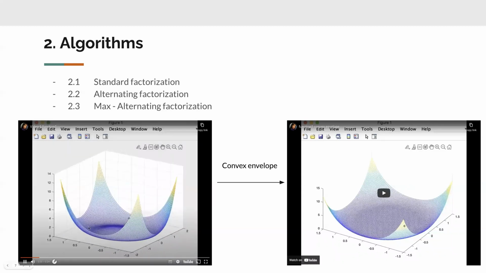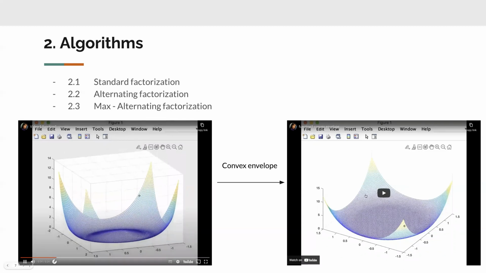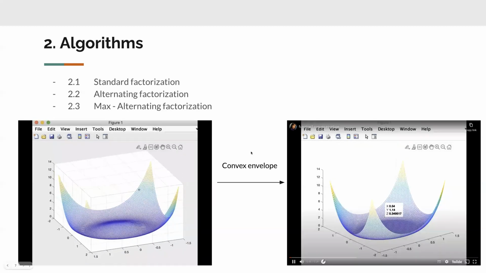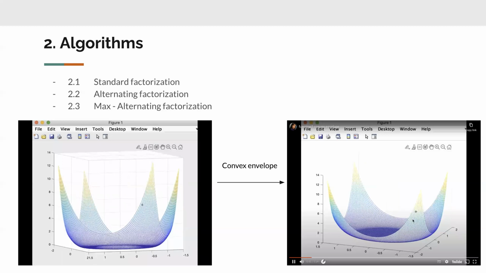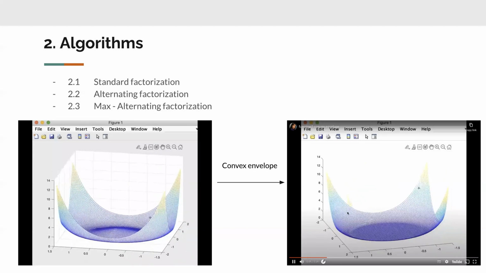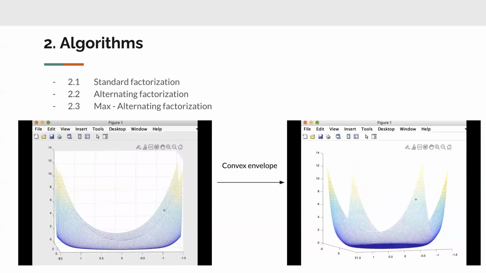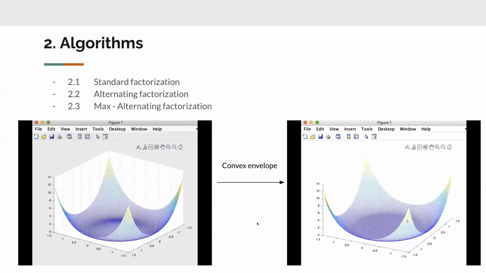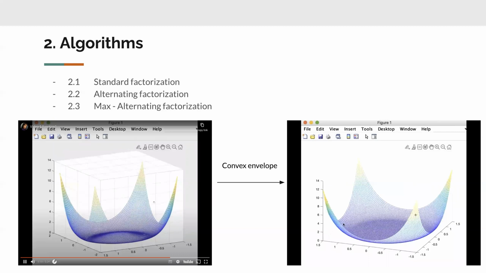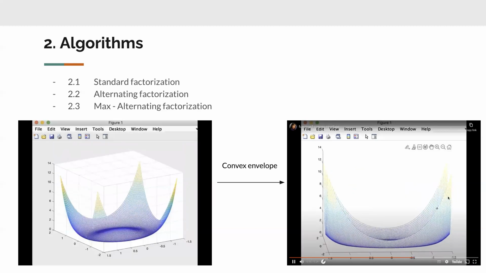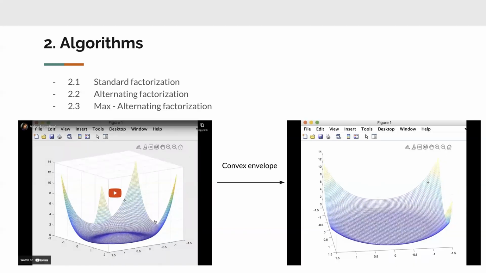So in order to find the convex envelope of this function, we apply these algorithms and look at this beautiful convex envelope, and that is going to be our output. So that's what we are trying to approximate. Given any function, we are trying to approximate its convex envelope. You can see this portion is completely flat, whereas this portion has an upward bump.